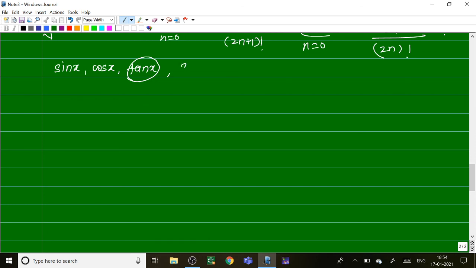Then look at sin hyperbolic x, then look at cos hyperbolic x, and then you will find a nice pattern between sin x and sin hyperbolic x, similarly cos x and cos hyperbolic x.